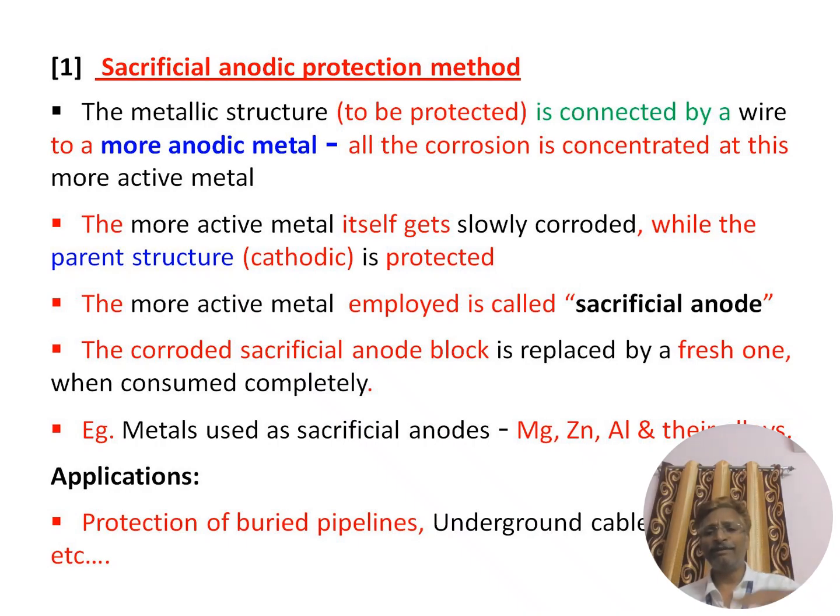It is very cheap, so once the anodic material is corroded, you just remove it and connect a fresh one. Very simple. Your object is always protected and corrosion does not occur. The corroded sacrificial anode is replaced by a fresh one when consumed completely. The best examples are zinc, magnesium and aluminium.